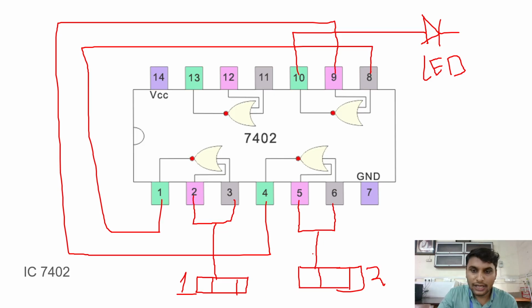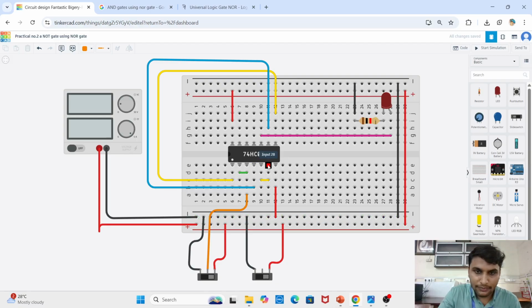So for the slide switch, you can connect either at pin number 5 or pin number 6. So I will connect at pin number 5. Sorry, wait a minute, that is 1, 2, 3, 4, 5, 6. Okay, so that is your pin number 5. I will connect at pin number 5.